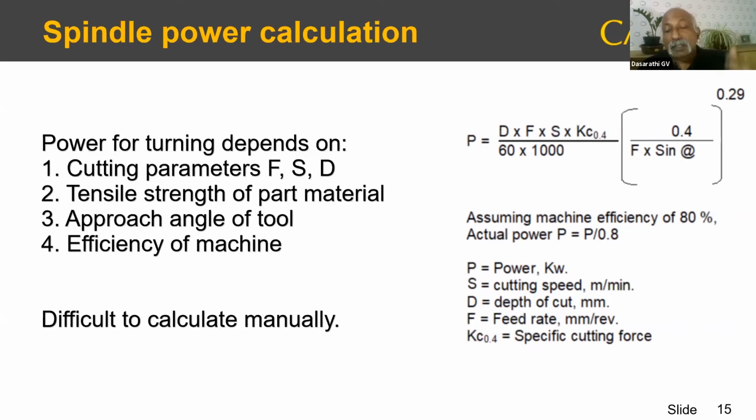There are going to be losses in the belt itself, so there are going to be mechanical losses in the belt. Then the spindle has started rotating, and you've got bearings. The spindle is in bearings. Bearings again will be generating friction. Because of frictional losses, you're going to have heat generated and all that.